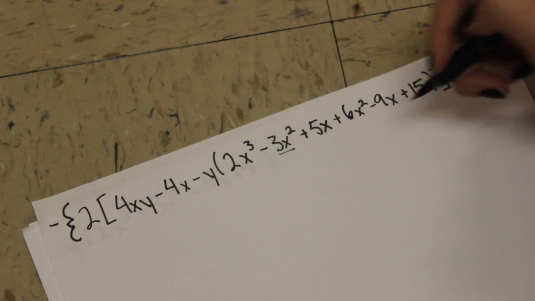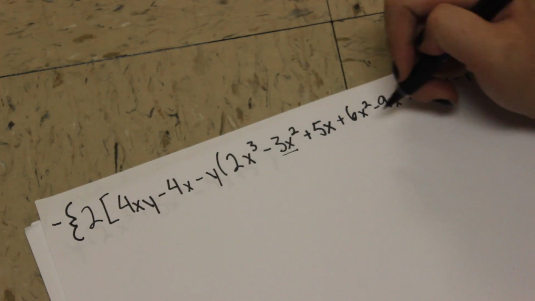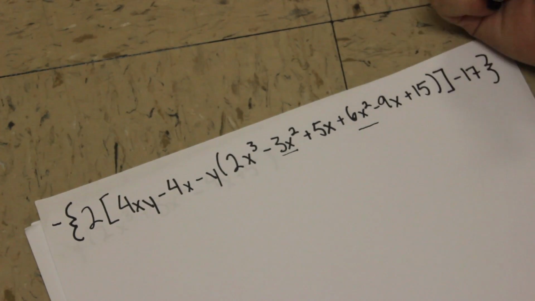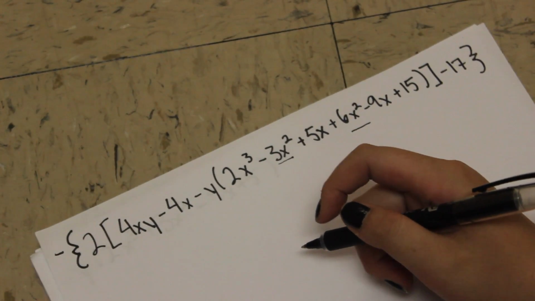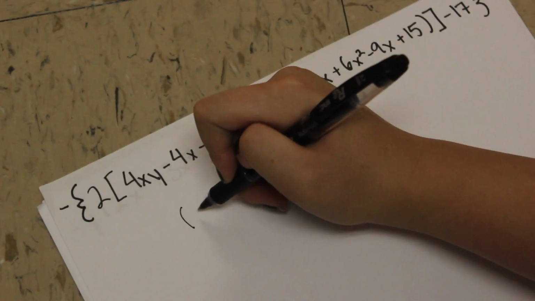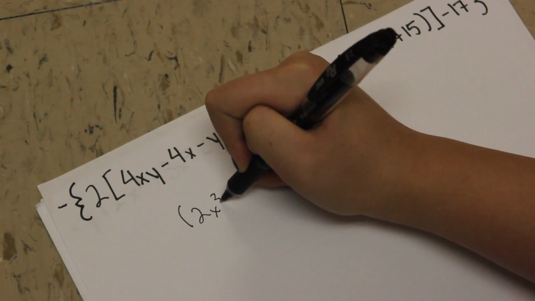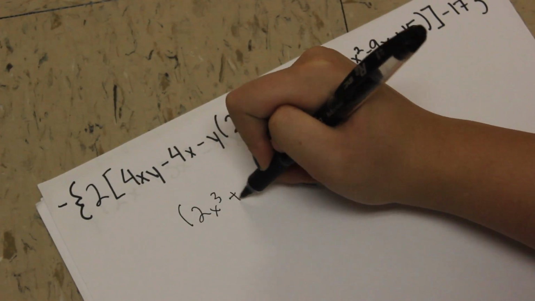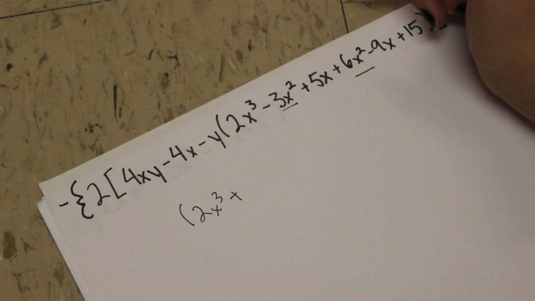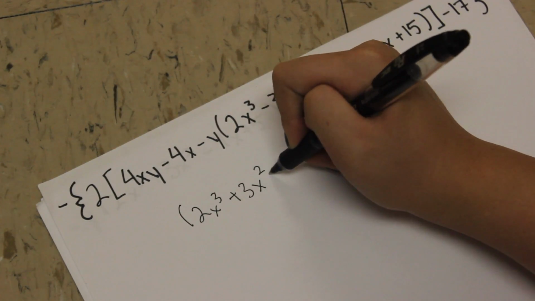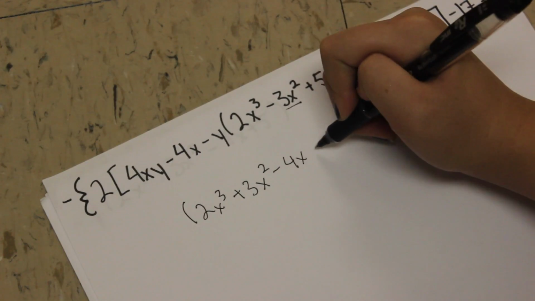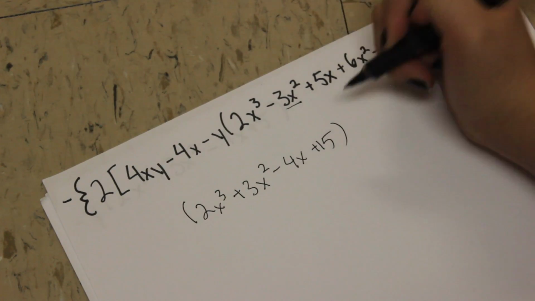And so we combine the negative 3x squared and the 6x squared, and to get that, we get 2x cubed plus 3x squared minus 4x plus 15.